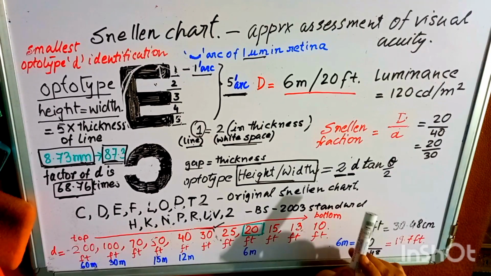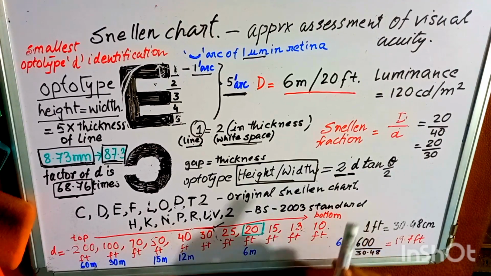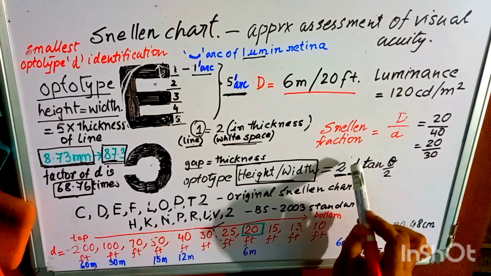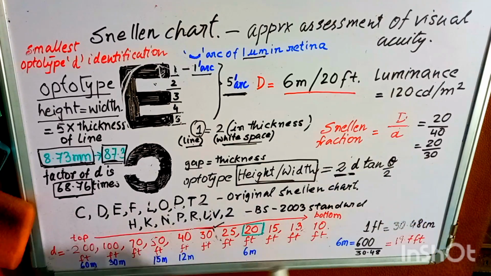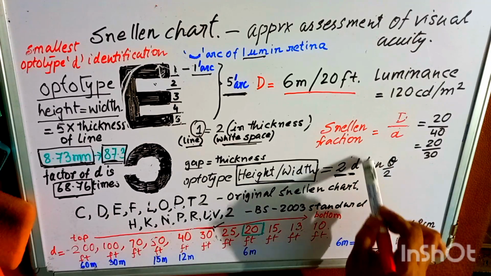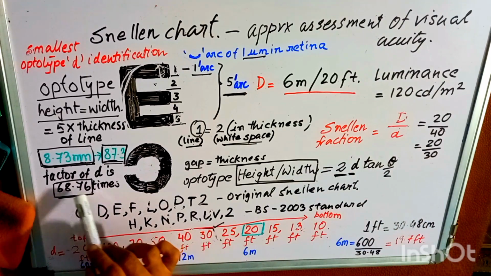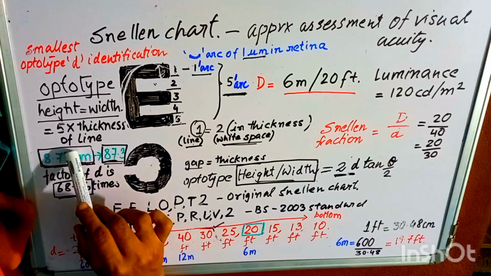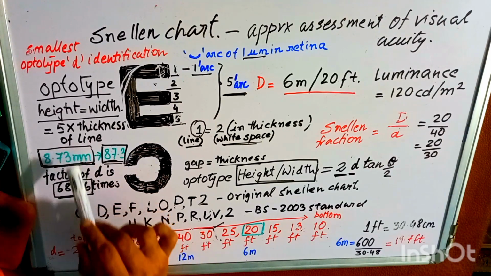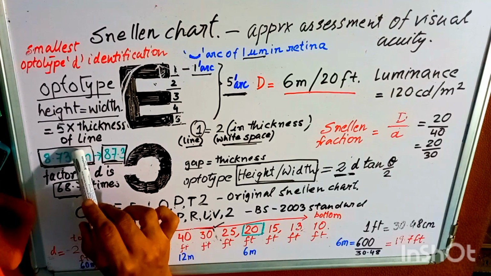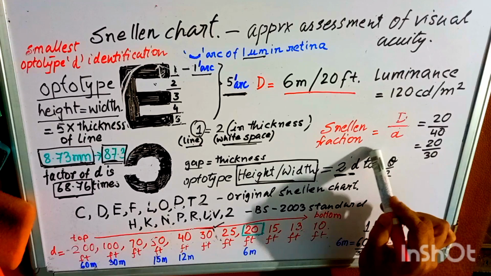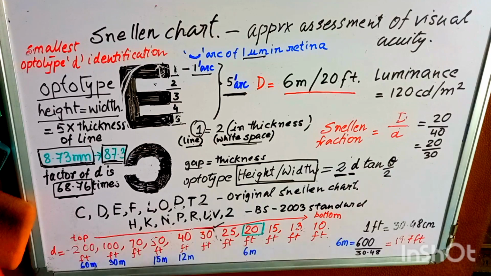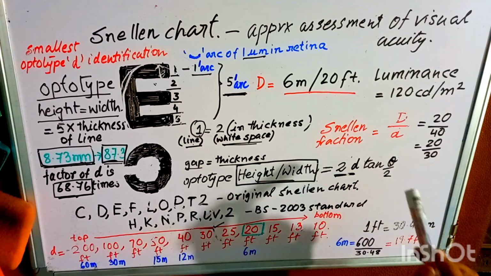So if we say an optotype is of size 8.73 millimeters, the distance should be 68.76 times 8.73. Then the angle that this optotype subtends on the retina will be 5 radian minutes.